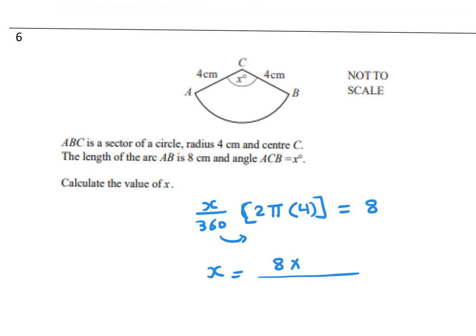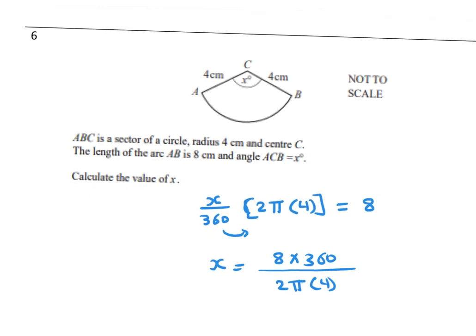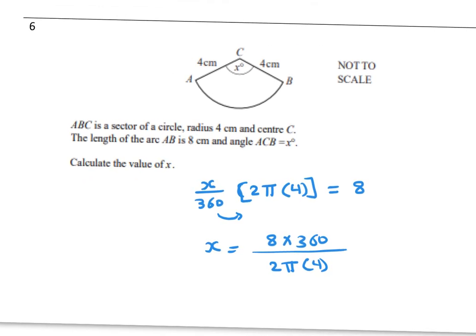So 8 multiply 360, and 2 times pi times 4 goes to the other side by division, because it multiplies x. Then you can use a calculator to find x. Okay? X is what? 8 times 360, divided by 2 pi 4.